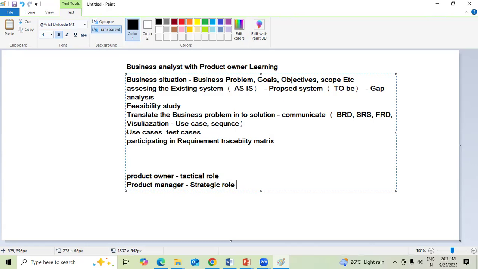So this is all about the strategic role of a product manager. But the product owner is a tactical role that we generally play. So as a BA, we know about documentation and writing documents.